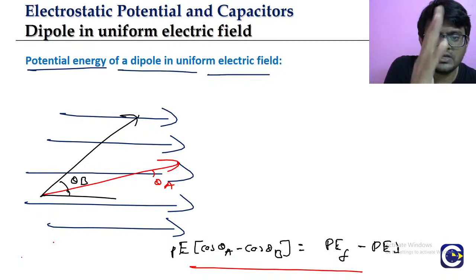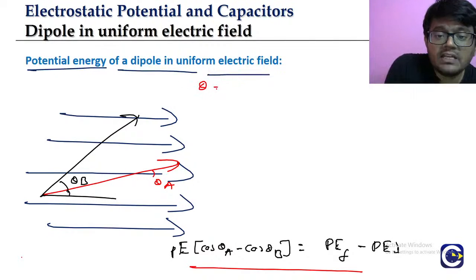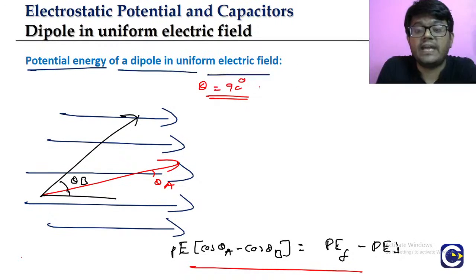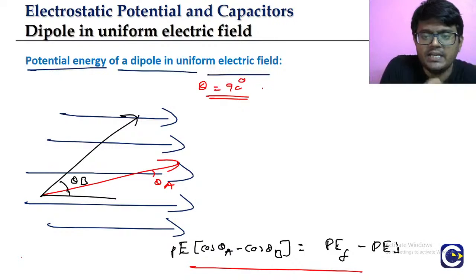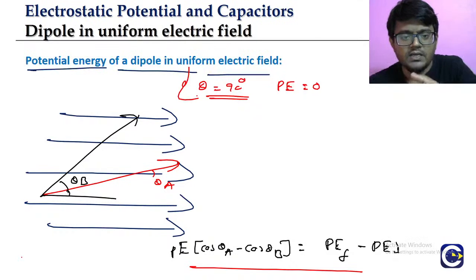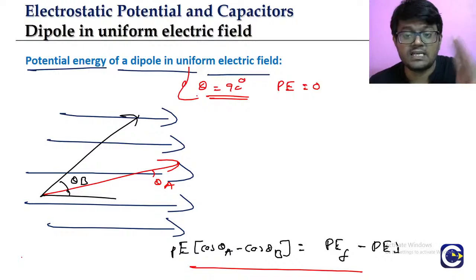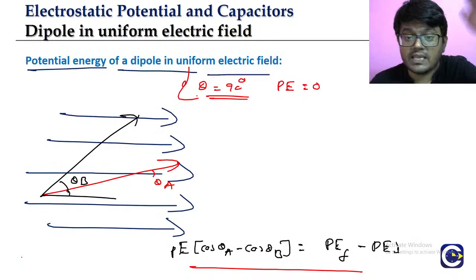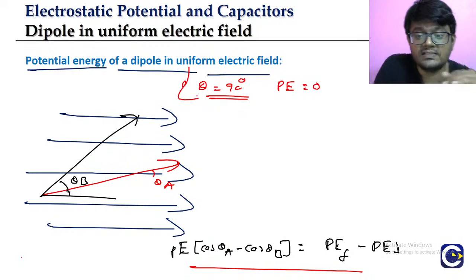We must take some arrangement or position as the reference. So here, theta is equal to 90 degrees, which means the dipole is making an angle of 90 degrees with the electric field, and in that orientation we will consider the potential energy to be 0. So for a dipole in a uniform electric field, this is the reference we take.